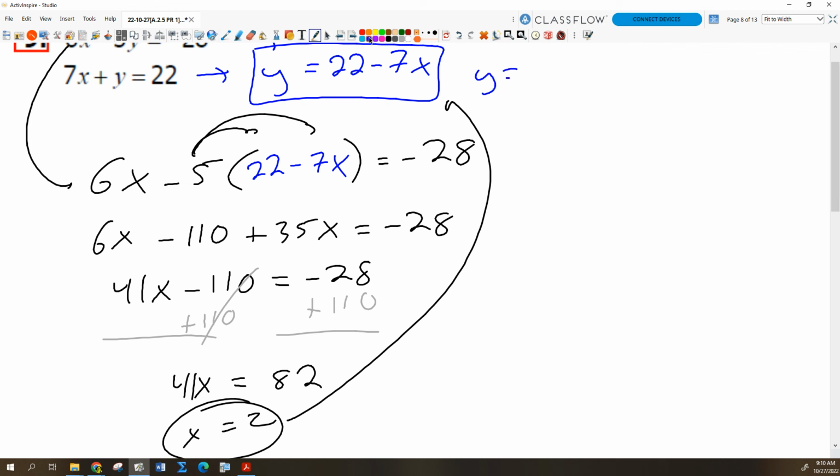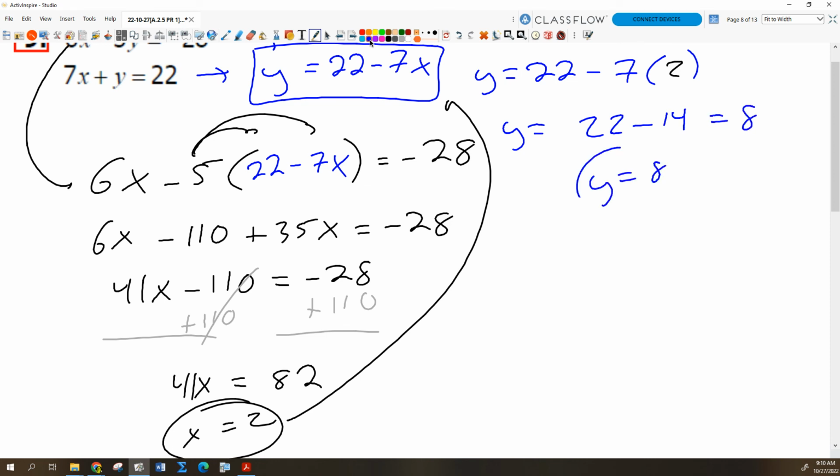So I get y equals 22 minus 7 times 2. And that gives me y equals 22 minus 14, which is 8. Okay, and so we get the ordered pair 2, 8. Okay, good.